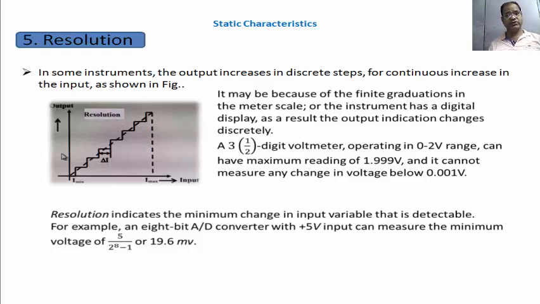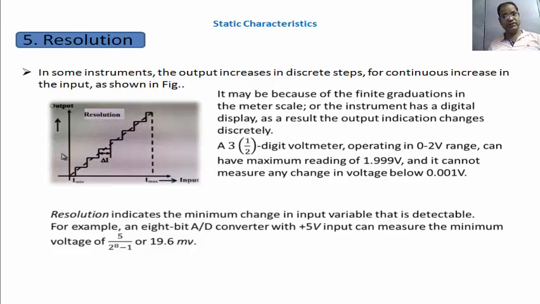Like over here, you can see, if you give the input as shown in this figure, the input increases continuously in a linear way. But the output increases in steps. It may be because of finite graduation in the meter scale, or the instrument has a digital display. As a result, the output indication changes discretely.